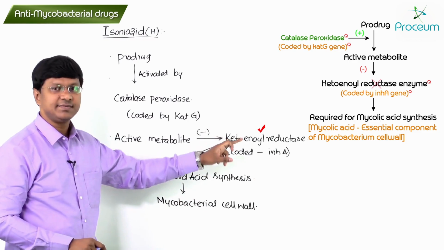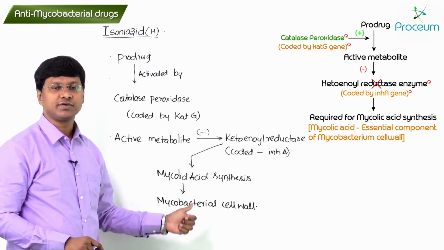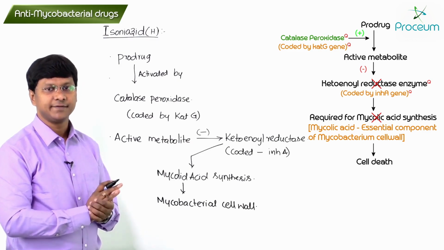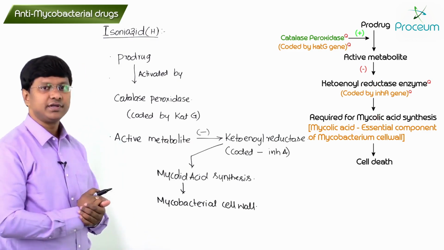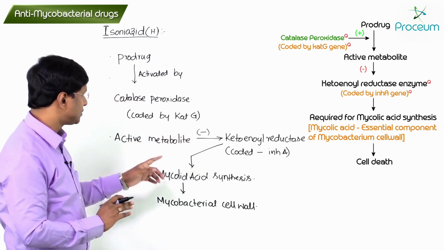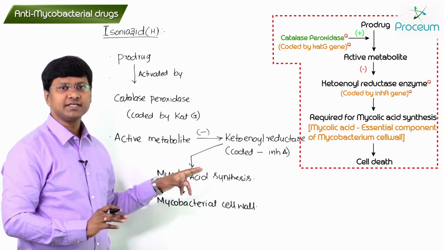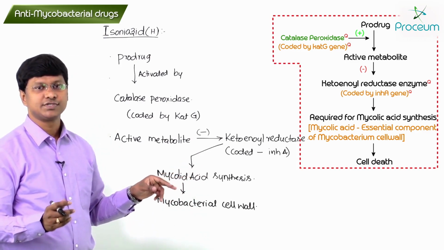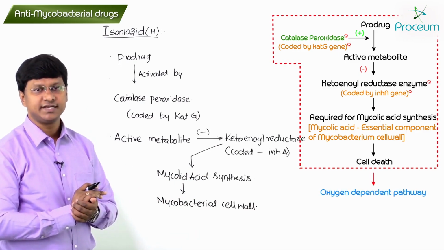Once this enzyme is inhibited, cell wall synthesis of Mycobacterium tuberculosis does not occur, and the organism will die. A very important point is that this entire mechanism of action is an oxygen dependent pathway.